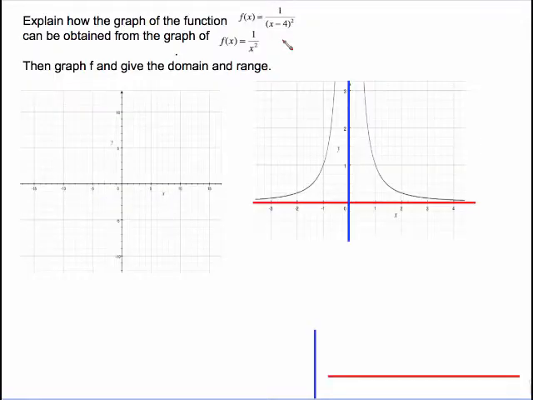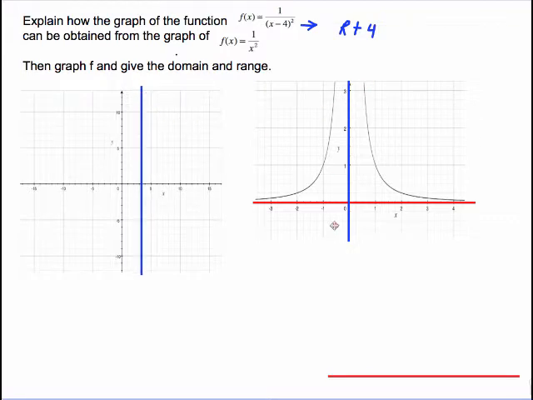So explain how the graph of the function f of x equals 1 over quantity x minus 4 squared can be obtained from this graph. So we're going to do what we did with the 1 over x graphs to start this video. So we need to look at where our vertical and horizontal asymptotes will be. X minus 4, quantity squared, tells us that we're going to move to the right 4. That means that vertical asymptote needs to go from the y-axis, and it's going to the right 4, which lands there.